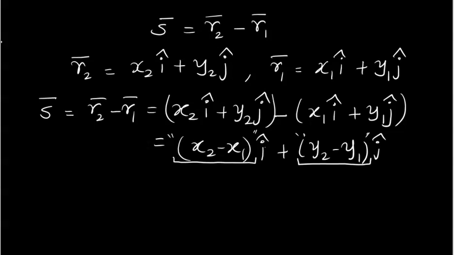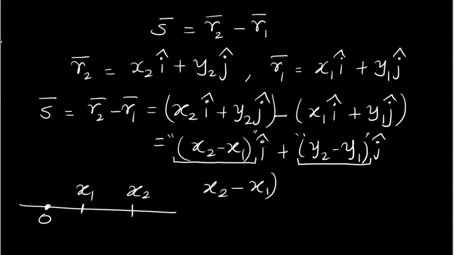Now, if I look at displacement in one dimension, suppose a particle was here, this is my origin, and it was at x1 when the time started, and after some time it was at x2. The displacement will be x2 minus x1.